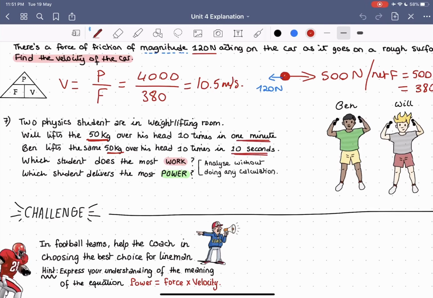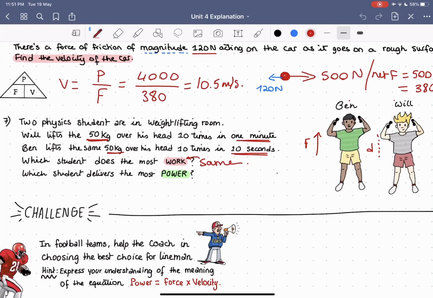So if two students are lifting the same mass, they're exerting the same force upward and over the same distance above their head, so we can say that they are both doing the same amount of work.